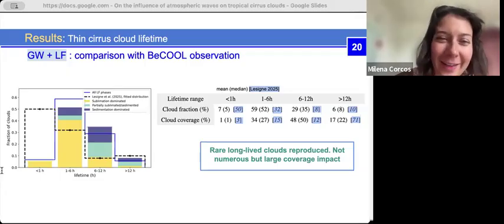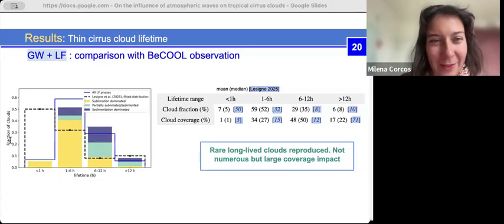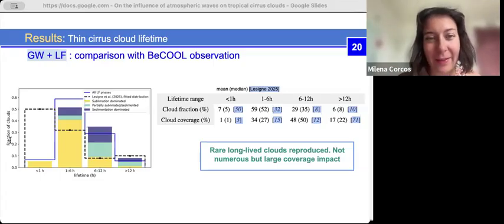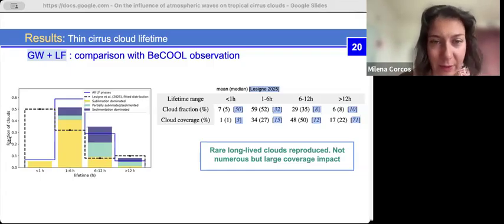But anyway, this figure shows in dashed line the lifetime from Lecine et al. The blue line corresponds to our simulated results, including all phases from the low frequency forcing, so all the phi that we talked about, and the gravity waves.